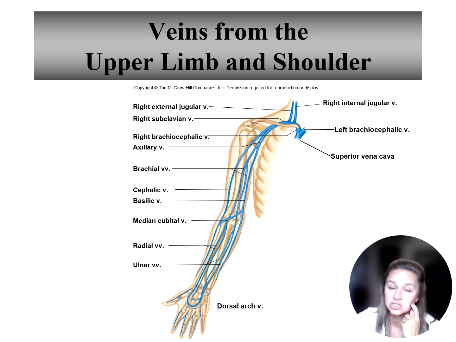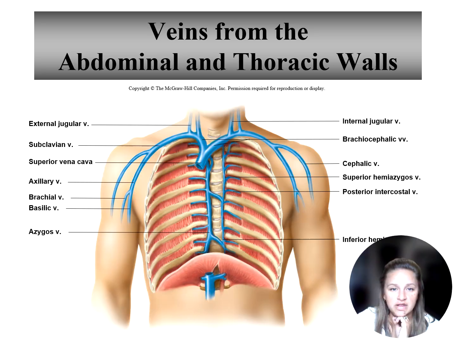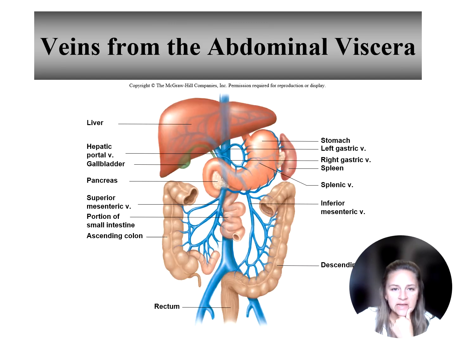This is returning to the heart. So this would have a much lower blood pressure than the arteries. And then here's the veins from the abdominal and thoracic walls, superior vena cava. And then from the abdomen, again, lots of similarities between the veins and the arteries, same names.